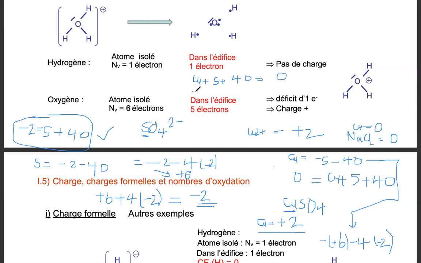So that is positive 2 plus 6 plus minus 8, which is 0. Exactly. So these are just a few examples on how to calculate oxidation states.